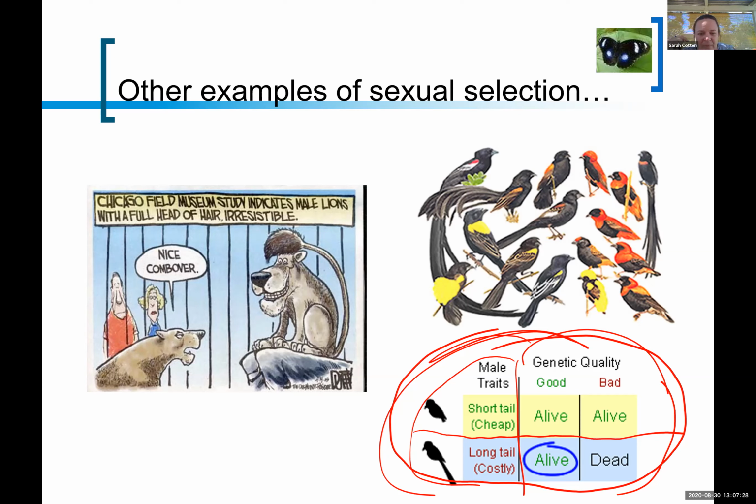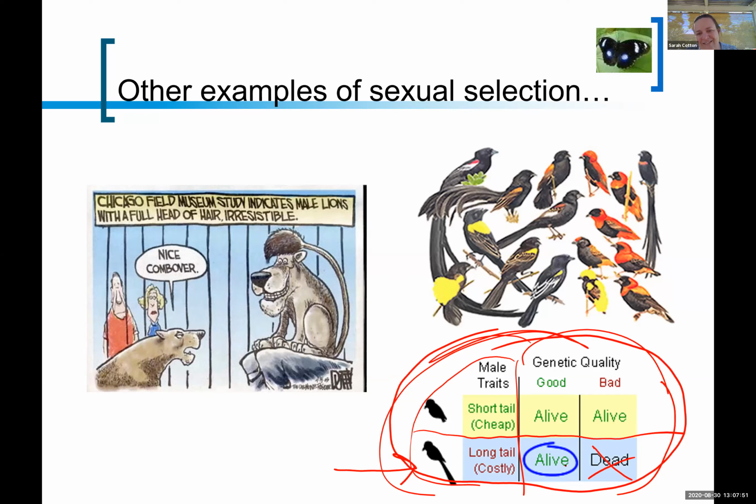So the short-tailed male might have great genes, but the female can't tell just by looking at him. Whereas the female can tell, oh, he's got a big long tail, so if he's still alive with that impediment, he must be of really good genetic quality, because if he wasn't, he would be dead.